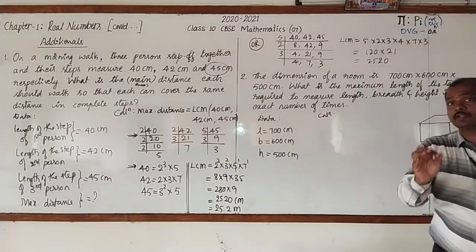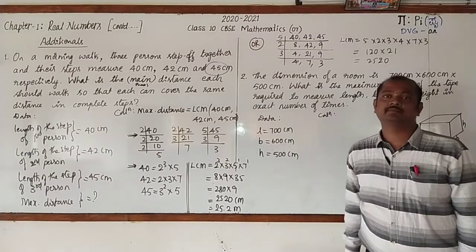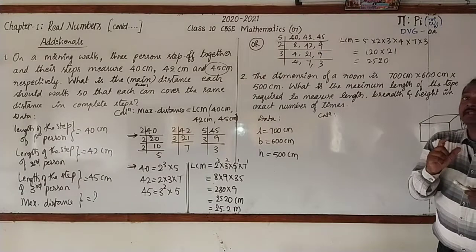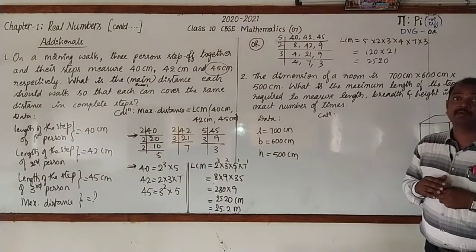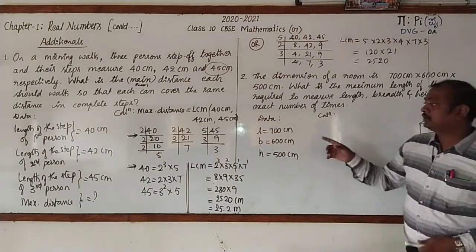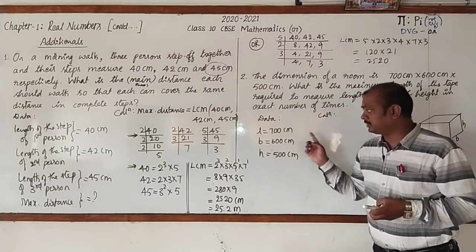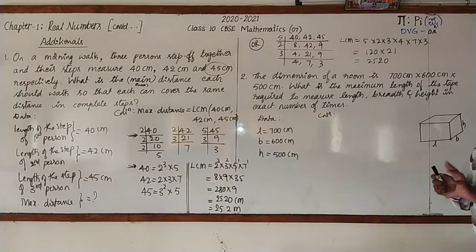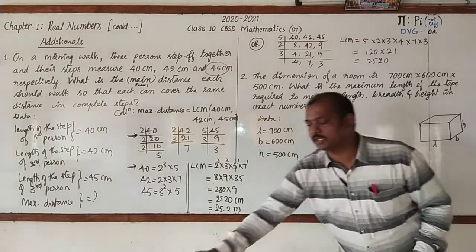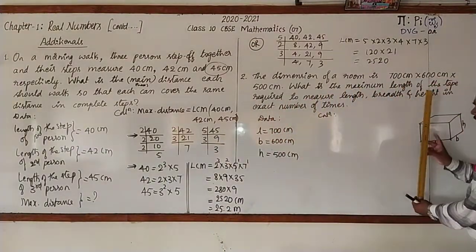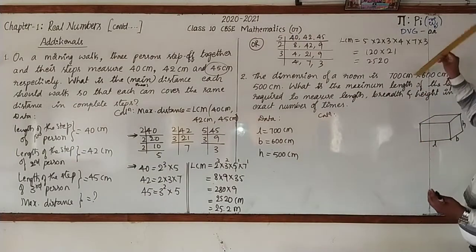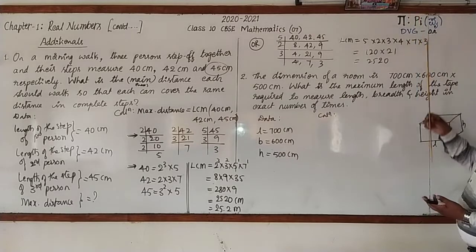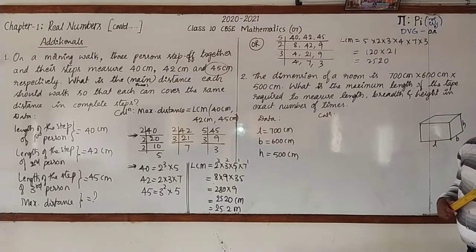Then, whether it belongs to HCF or LCM, just think over it. The maximum length of the tape required. Will you take the length of the tape as 700 centimeter, 600 centimeter, 500? No. It should just have some length, and using the tape, when you measure the length, breadth and height of a room, it should come in an exact number of times.